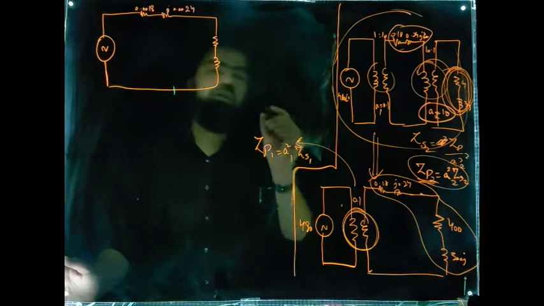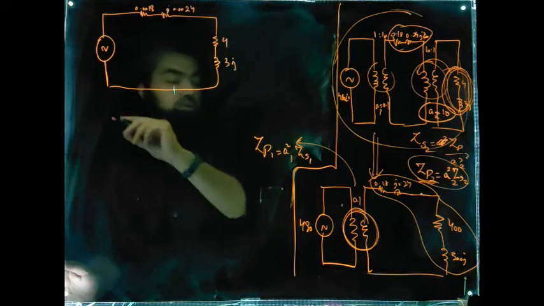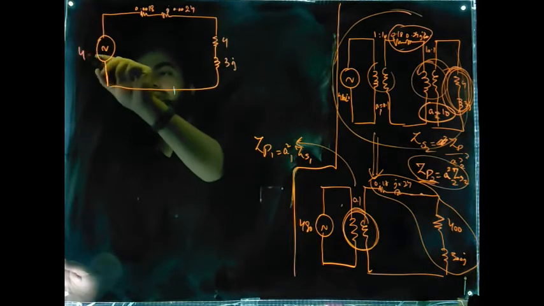This is 400 and 300, and this will go back to their original values 4 and 3J. So this is our voltage here, 480 angle 0.